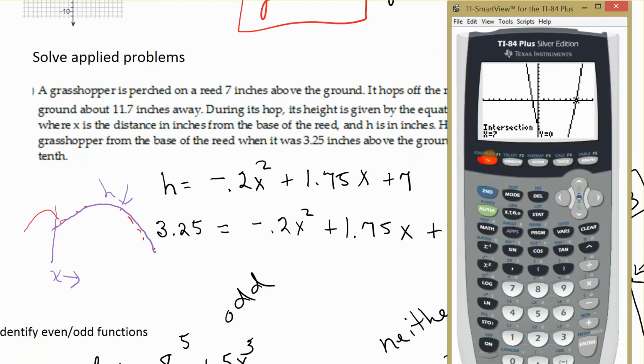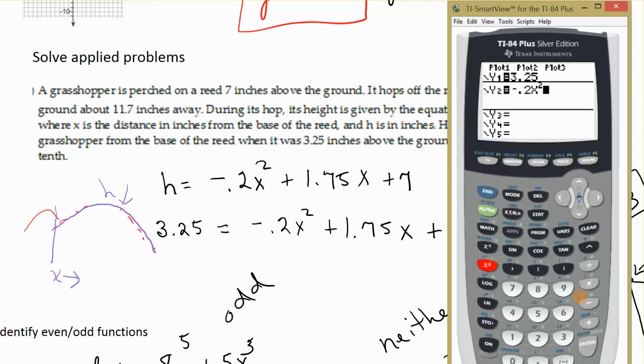So if we go here to y1 and put 3.25, and then we go here and put negative 0.2x squared plus 1.75x plus 7. And we hit graph. So there's our horizontal line at 3.25, and here is our curve.